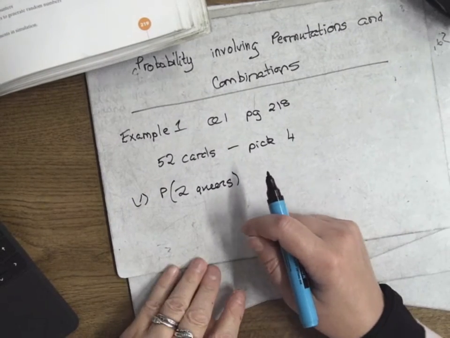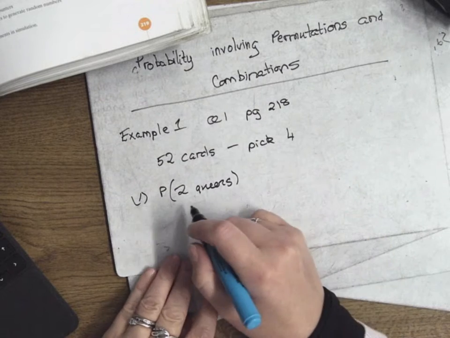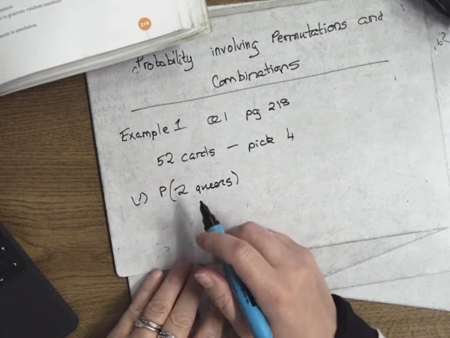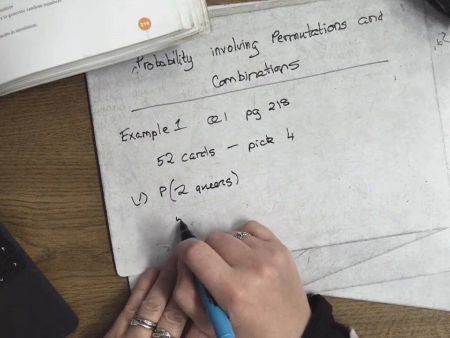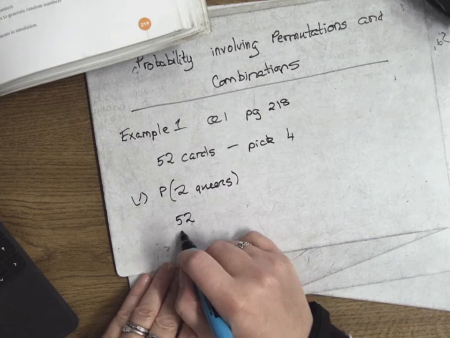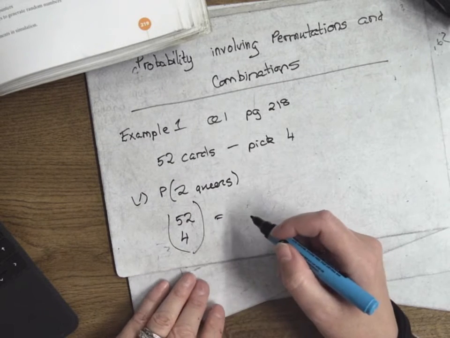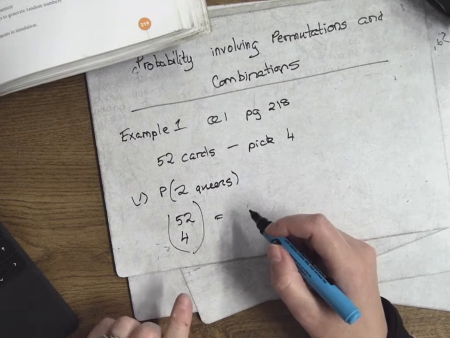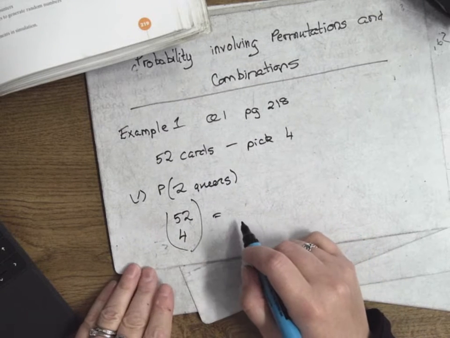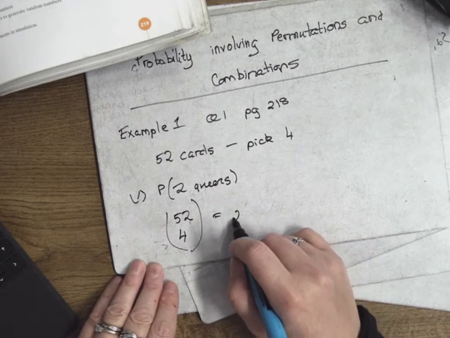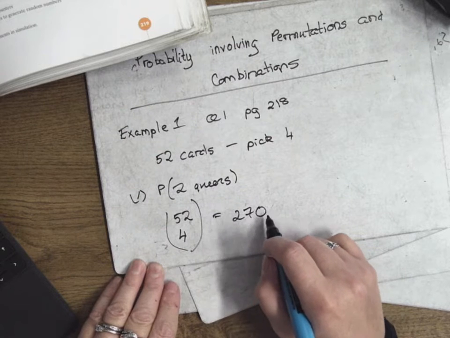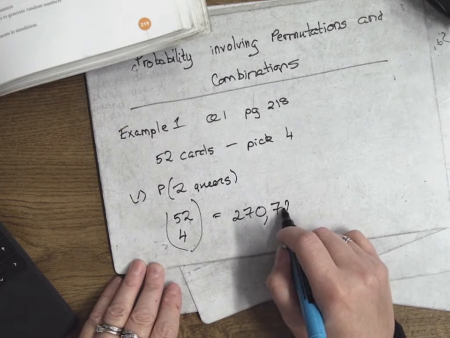So the probability of 2 queens, that's the question. What's the probability that you would select 2 queens? Let's see how many cards you can pick. If I just pick 4 random cards, I have 52 choose 4. I can pick them in that many ways, and when you put that into the calculator, it's 270,725.